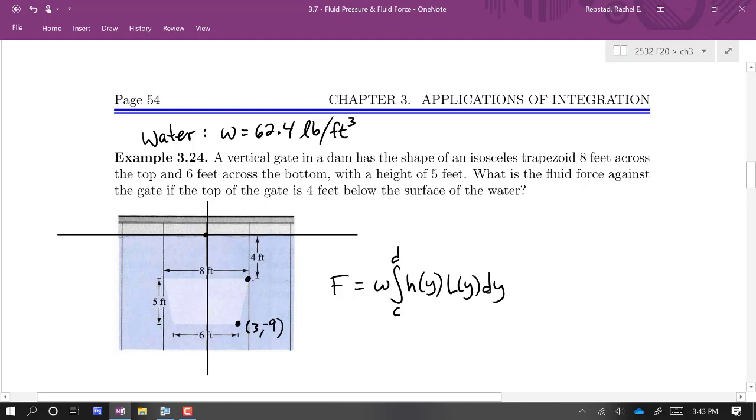This point up here will have an x-coordinate of 4, because it's half of the top width, and it's 4 feet below the surface. Now what we're going to do to figure out our h of y and L of y is I'm just going to draw a rectangle.